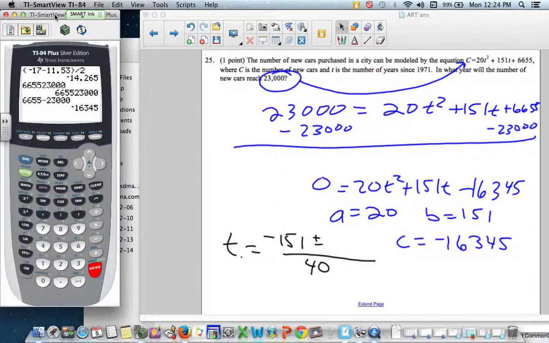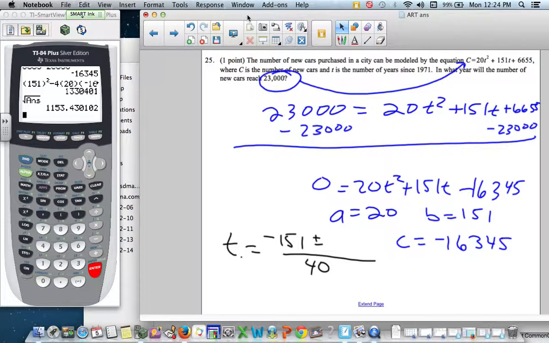B squared minus 4AC would be 151 squared minus 4 times 20 times negative 16,345. Notice I used the negative key there, not the subtract key. And then I would square root that answer. I get about 1,153.43.